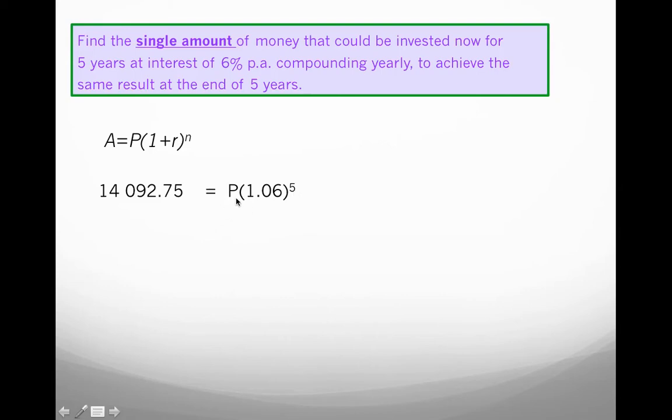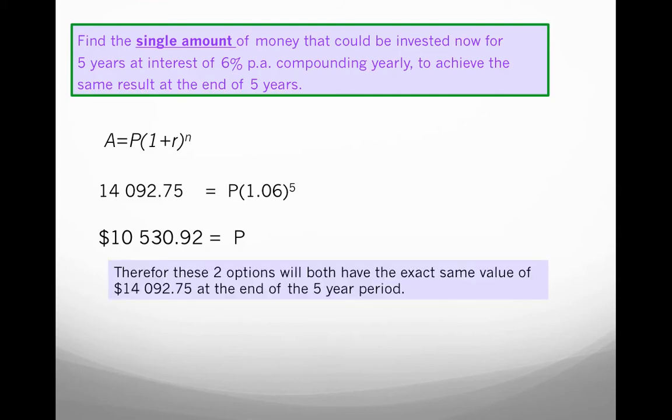And we want to find the principal amount at the beginning. To find the principal amount from this equation, we're going to divide by 1.06 to the power of 5 on both sides, which gives us a principal amount of $10,530.92, which is the present value of this annuity.